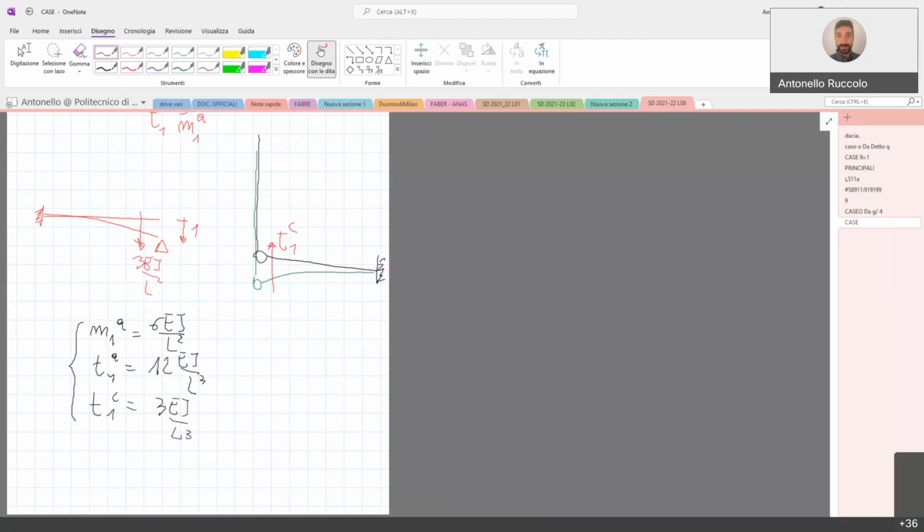That was a mistake I made before. The exponent is 3. These are the coefficients for this case.